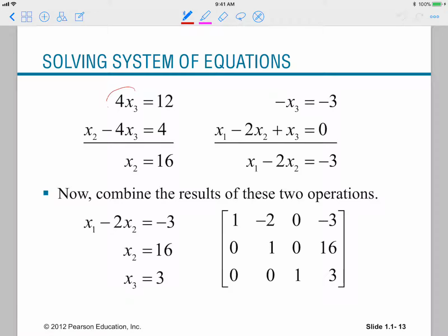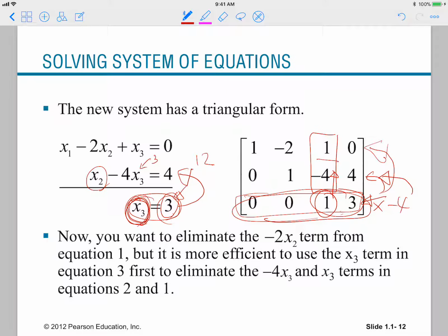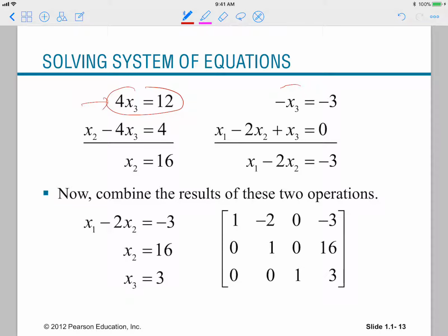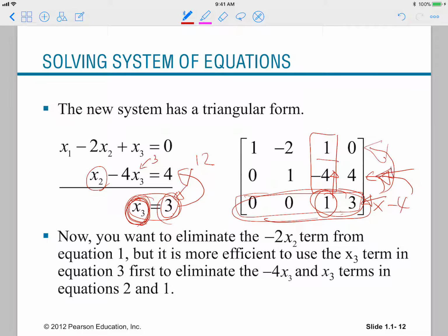So this was our third equation, and then we multiply it by 4 and just add it into the second equation, and then we will obtain this new second equation, which corresponds to the second column.